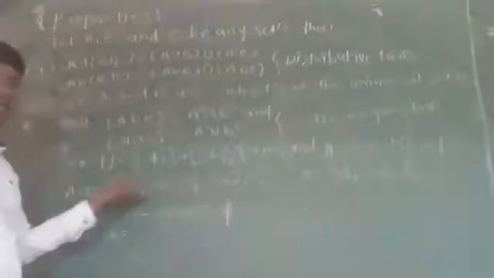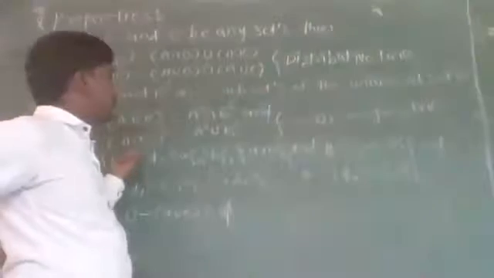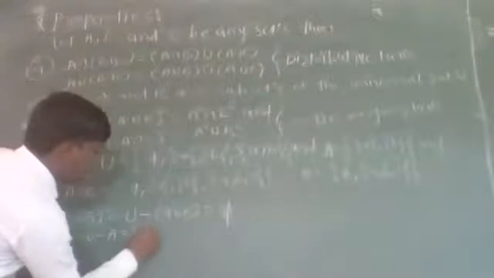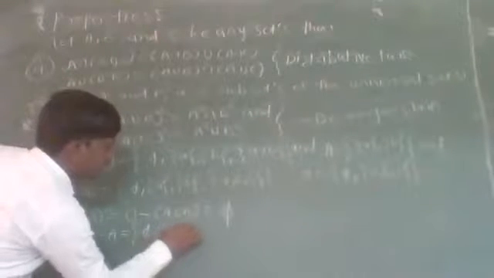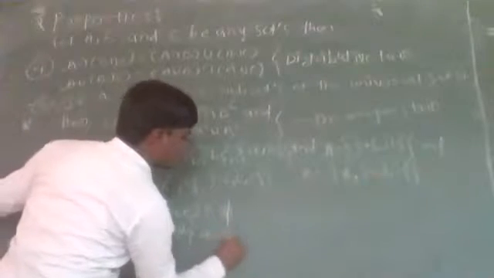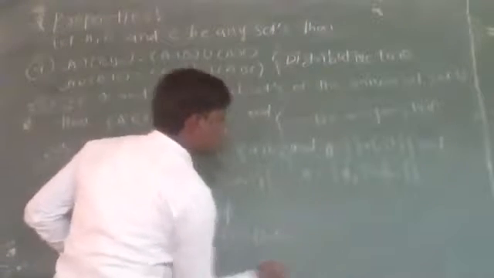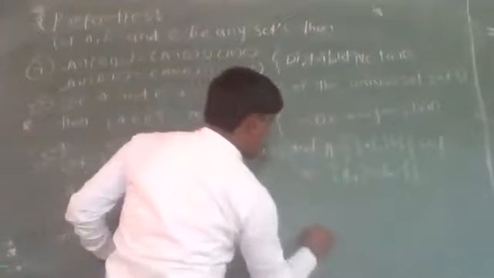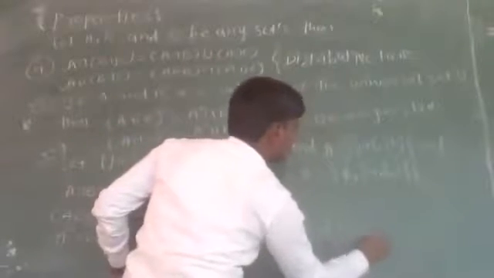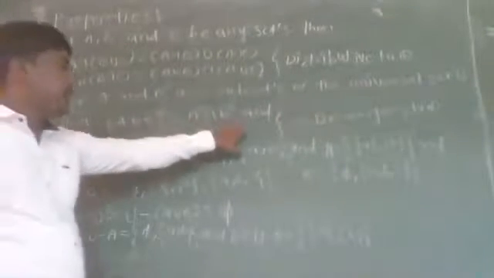Now we take A complement, all those elements from U which do not belong to A. Therefore, phi and AB are the two elements which are not members of set A. Therefore, U minus A contains phi and AB, and B complement is nothing but U minus B, which is singleton A and singleton B.